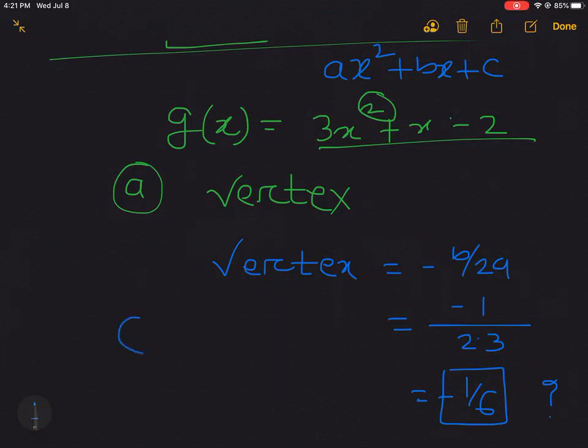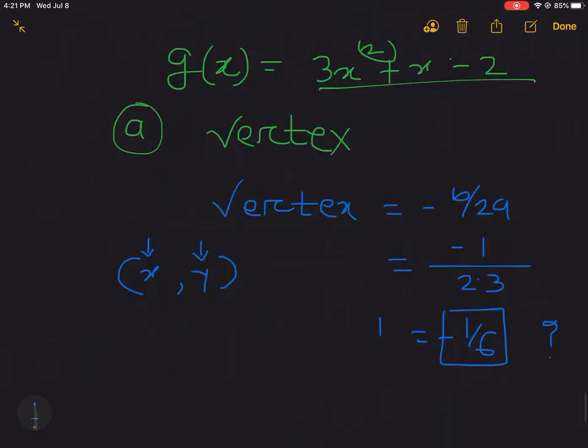That means you need an ordered pair. Obviously, the first value will be the x value, and the second value will be the functional value of that. So your vertex will actually be h comma f of h, the functional value at that point.